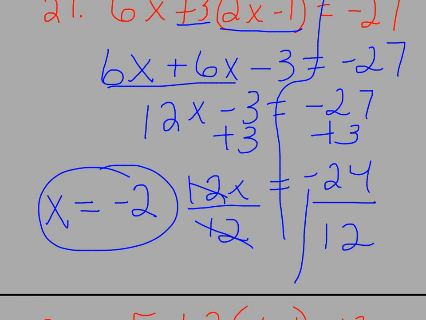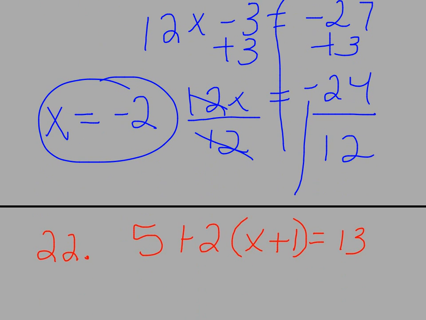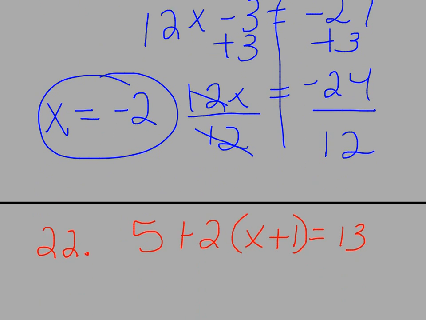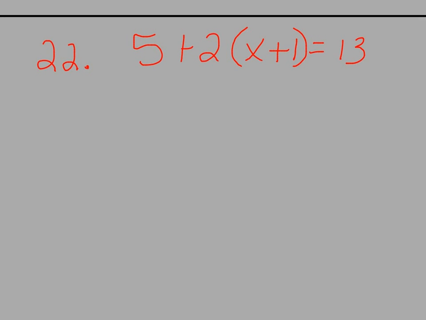Moving on to, I'll erase that line. Number 22. I'm going to distribute my positive 2, so I'm going to bring the 5 down, and 2 times x would be just 2x, and then 2 times positive 1 would be positive 2, equals 13.